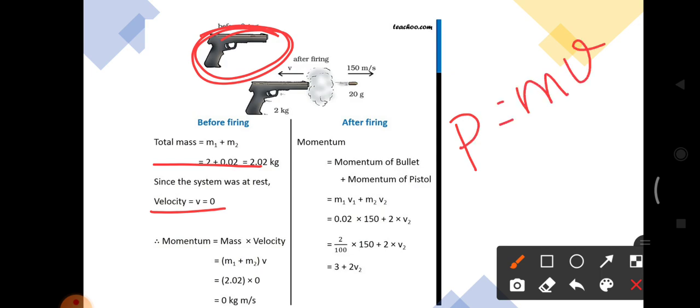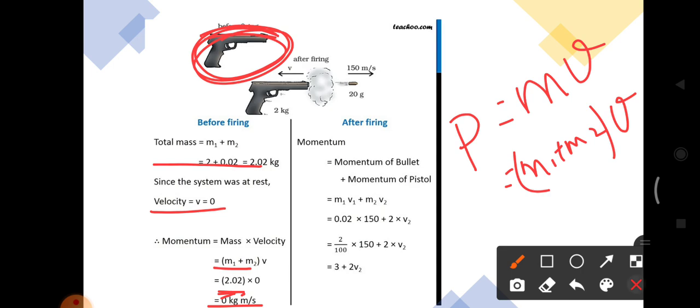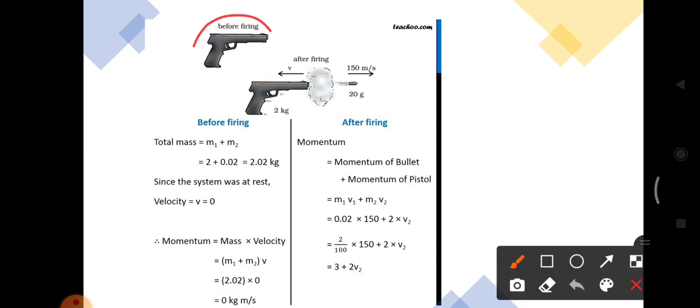Here m is m1 plus m2, so m1 plus m2 into v. The value of m1 is 2 and the value of m2 is 0.02, so when we add, we get 2.02 kilogram. Before firing there is no velocity, so 2.02 into 0 we get 0. So before firing there is no momentum.